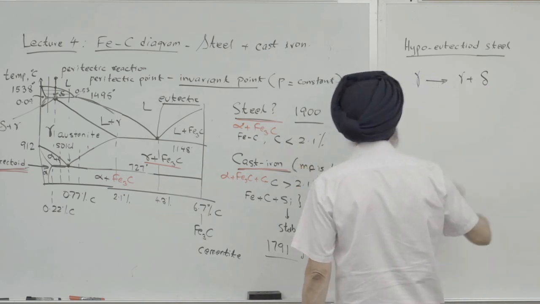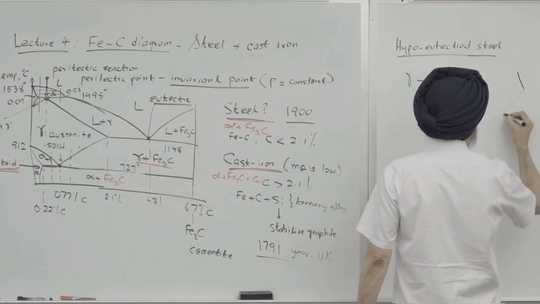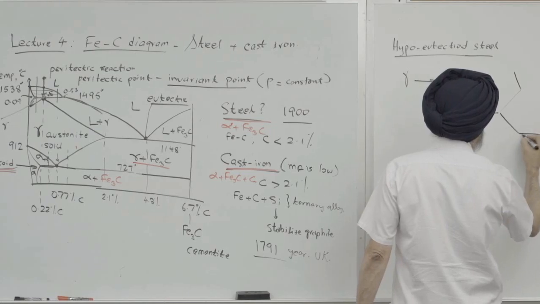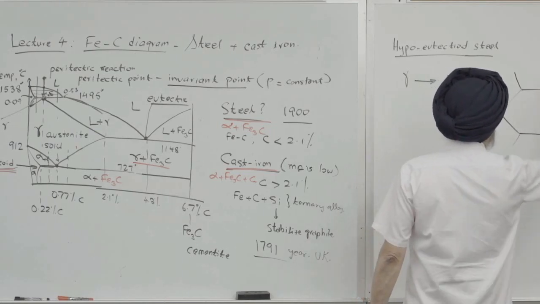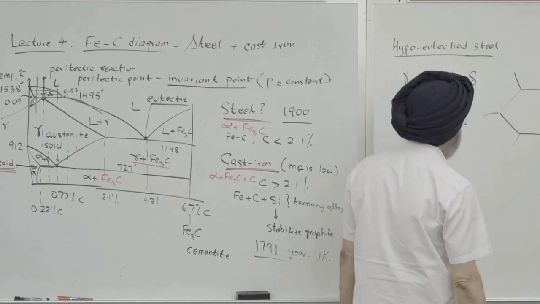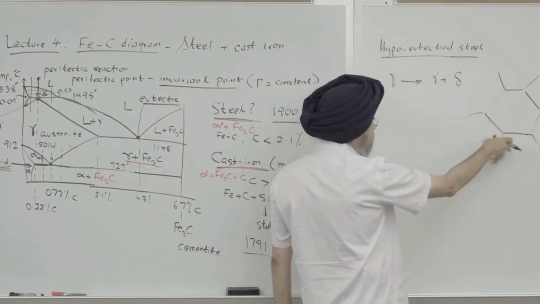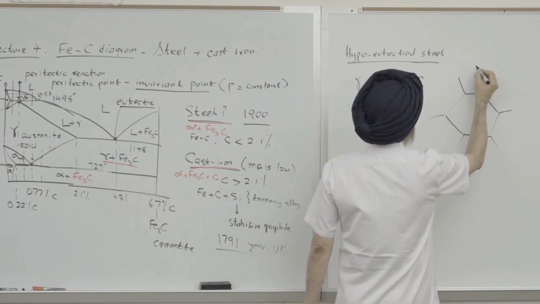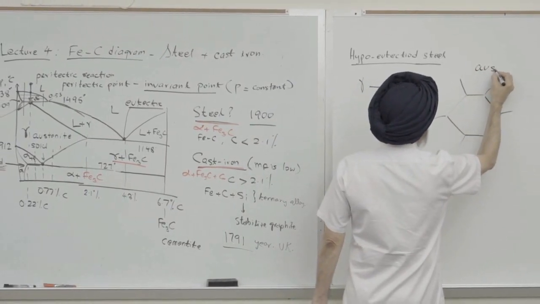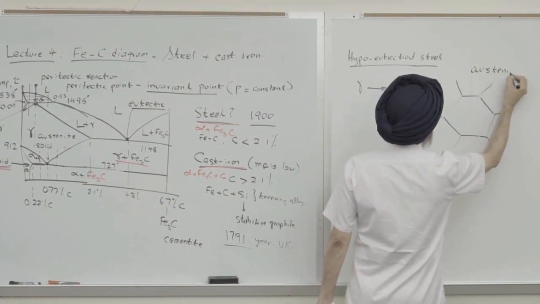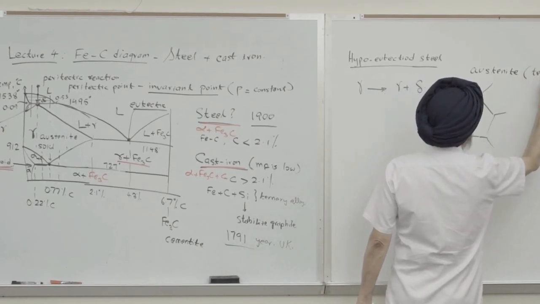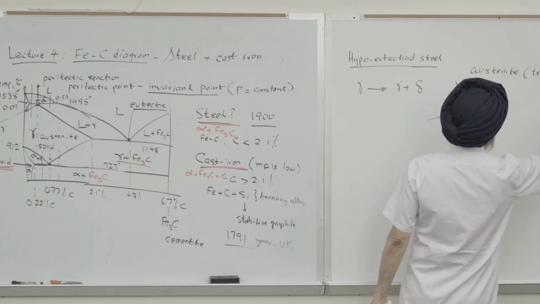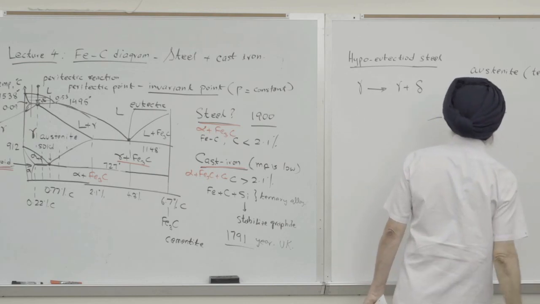So there I drew the diagram where I drew some grains. Most of the grains are equal size. These are grains of austenite, at a temperature of, let's say, 900 degrees centigrade, just as an example.